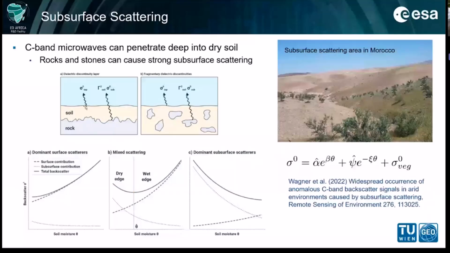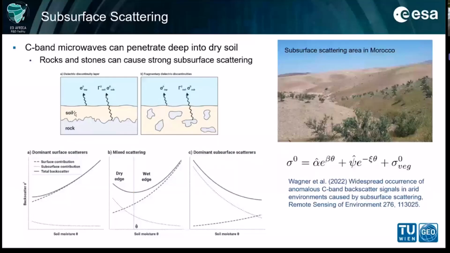The backscatter from the sand isn't particularly strong because the sand is typically smooth and dry, so backscatter from the sandy surface is very low. But backscatter from the rock below could be extremely strong, giving you a dominating signal at the satellite.